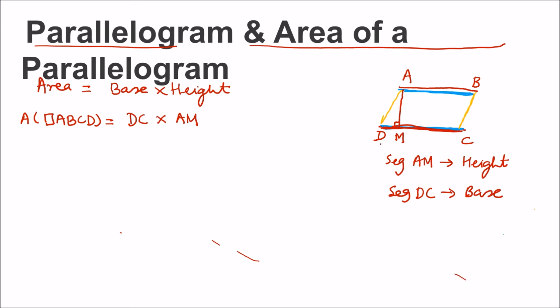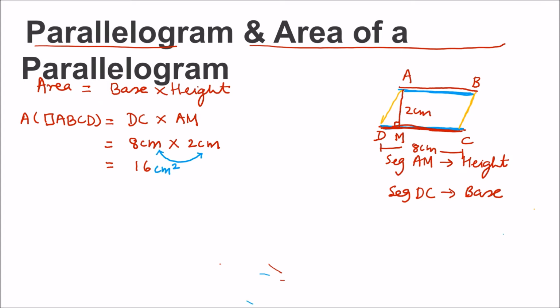Suppose the length of DC is 8 centimeter and the height of this parallelogram is 2 centimeter. What would be the area? In place of DC, we write 8 centimeter, and in place of height AM, we write 2 centimeter. 8 into 2 is 16, and centimeter into centimeter is centimeter raised to 2.